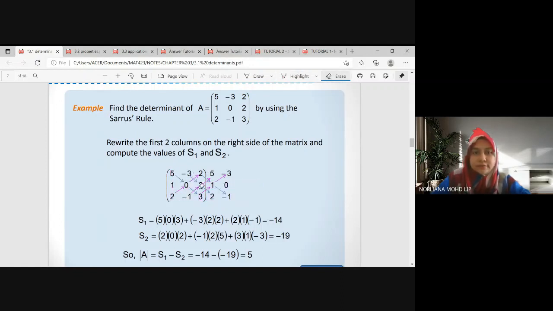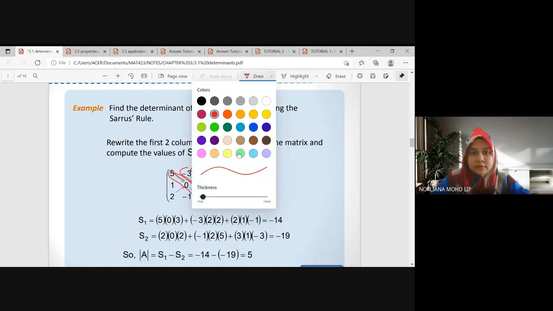Like this. Okay, look at this red color. So it's equal to negative 14. And the green color.